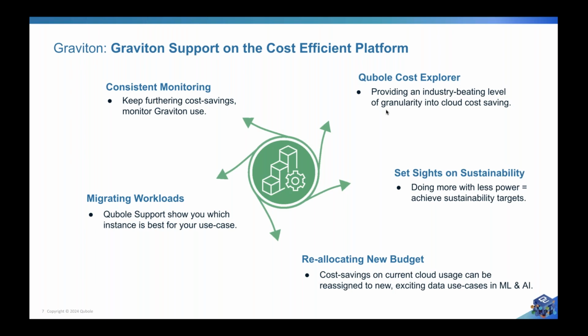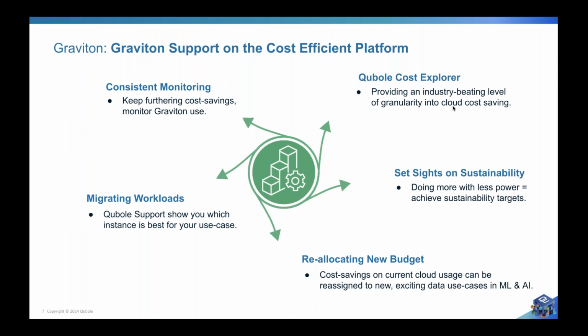But what we have is Qubole Cost Explorer, which gives you very granular details about cost optimization, right down to the level of the job, the lowest level, from the account perspective, going to the cluster, and each of those aspects. It helps you understand where you can save the cost.